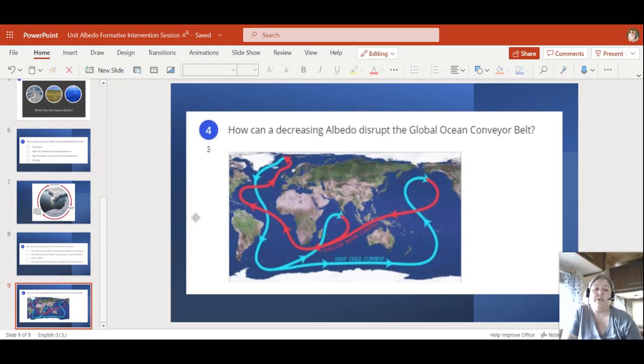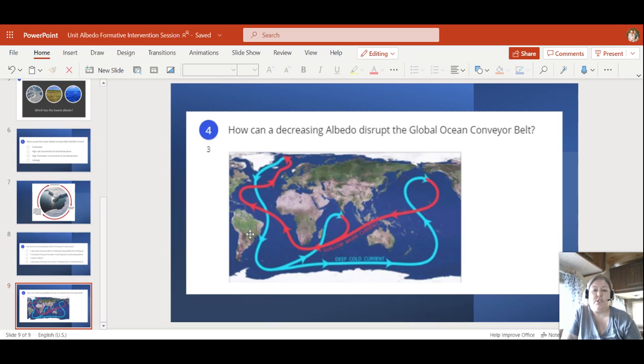Okay, so last one. How can a decreasing albedo disrupt the global ocean conveyor belt? Okay, so we have decreasing albedo. That means more area is becoming darker, so more water is opening up for the most part.